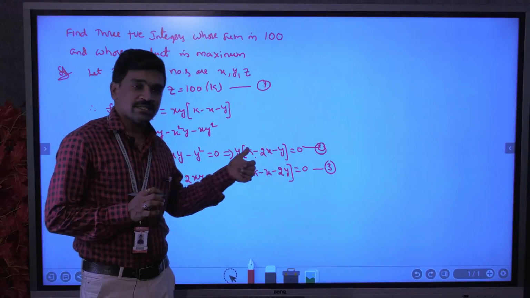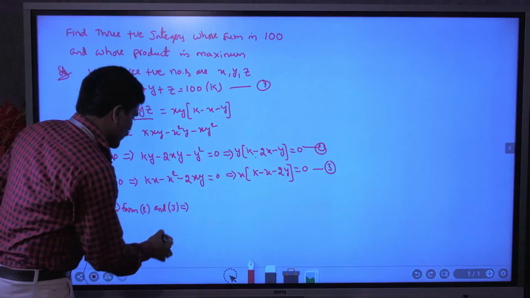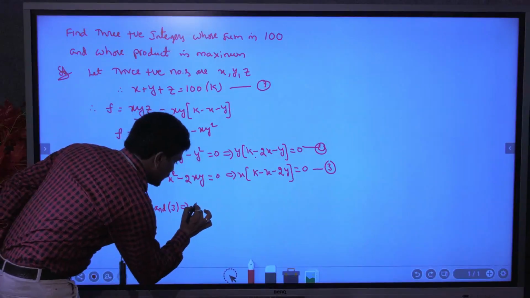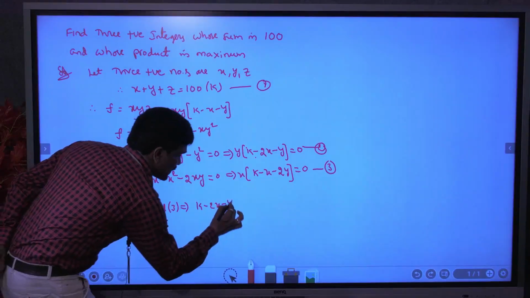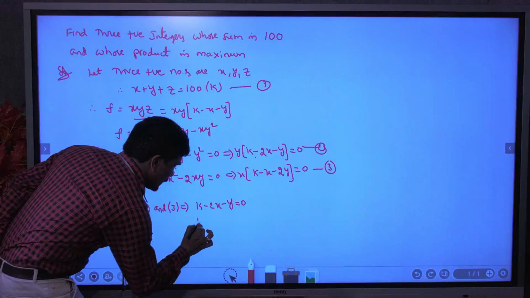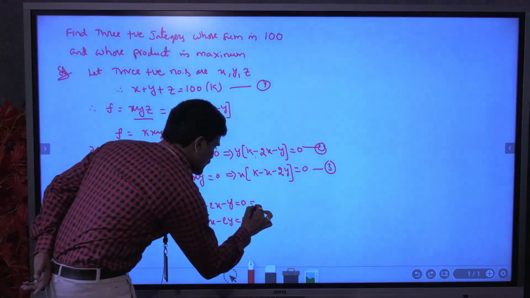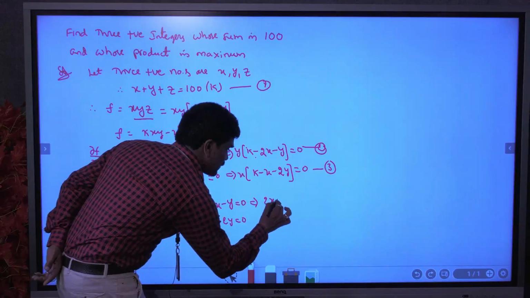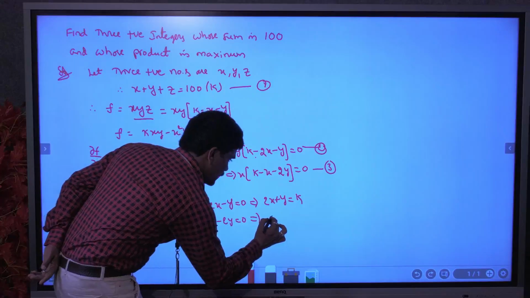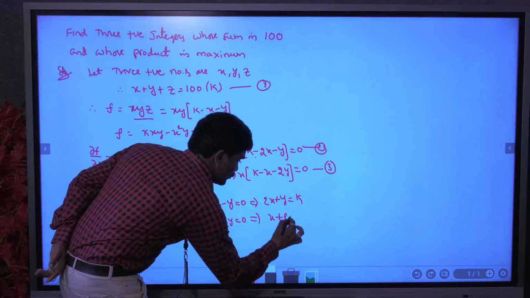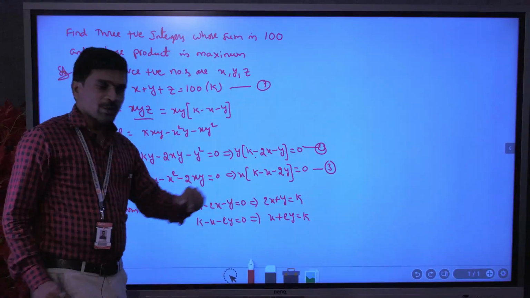From that, 2x plus y is equal to k, and x plus 2y is equal to k, right? We get these two equations.